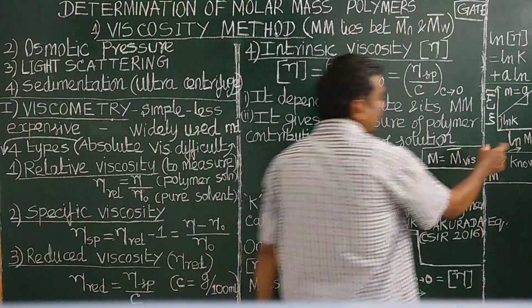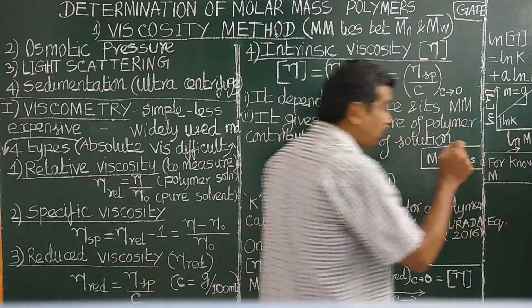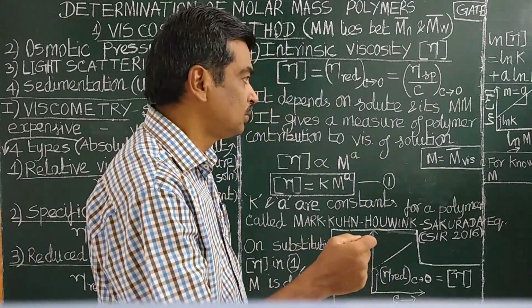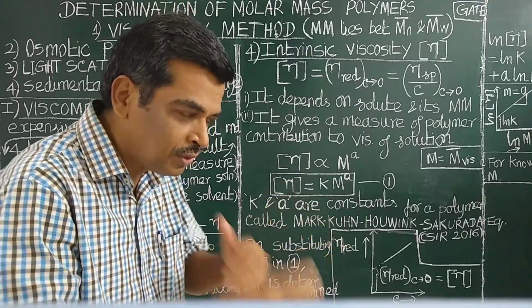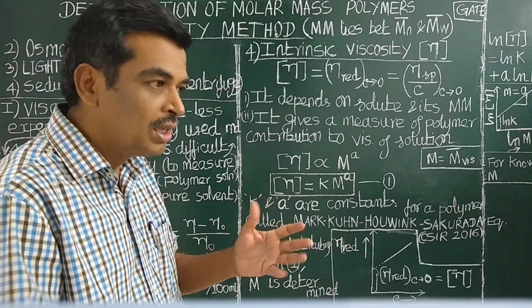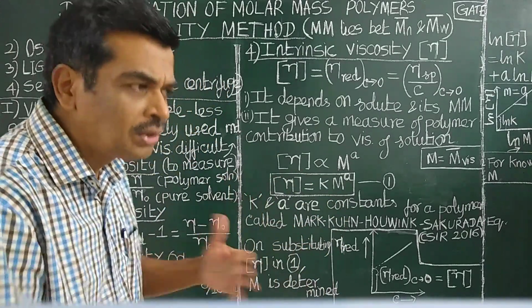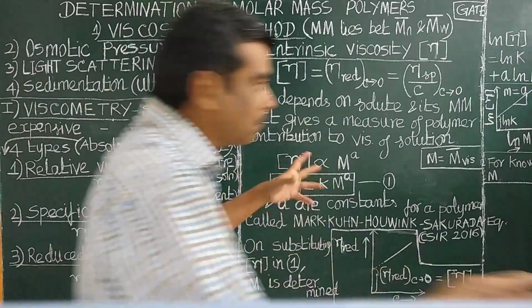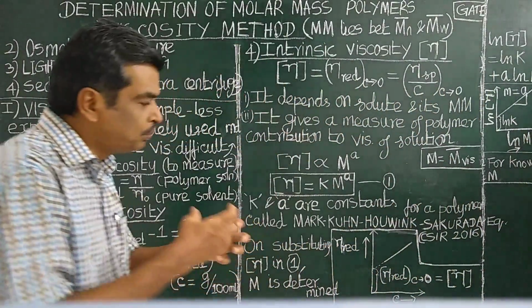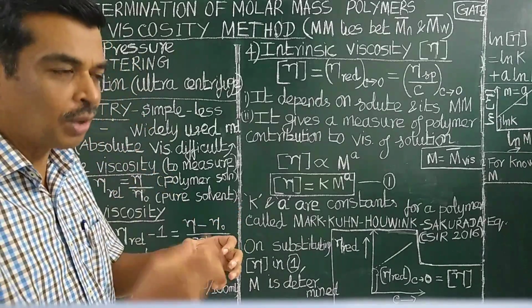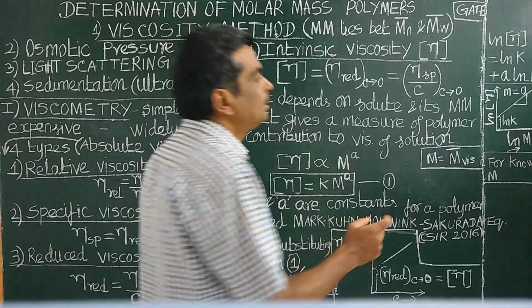Now, ln M is for known molar mass. At different time points, you can stop the polymer formation. If you give a long time, the molecular mass will be large. Therefore, at every stage, you isolate a particular molar mass of the polymer.